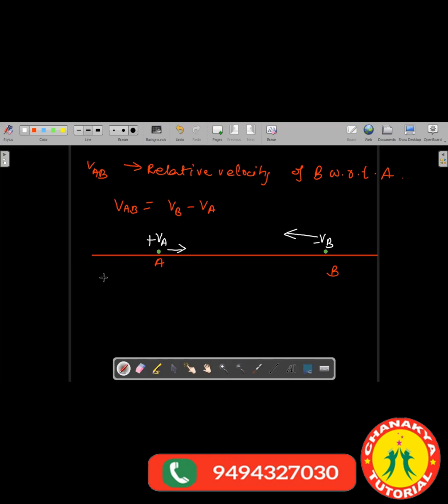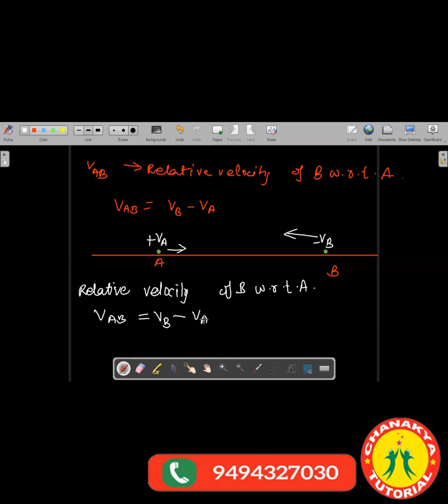Now, suppose I want to find out the relative velocity of B with respect to A. So I'll be writing this as VAB, meaning relative velocity of B with respect to A, and it should be equal to VB minus VA.